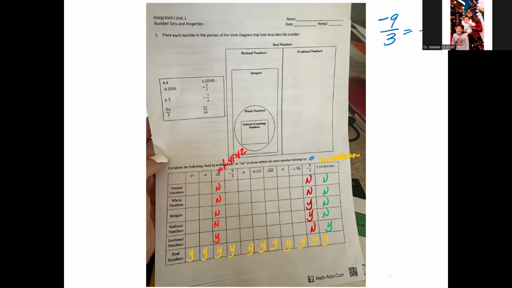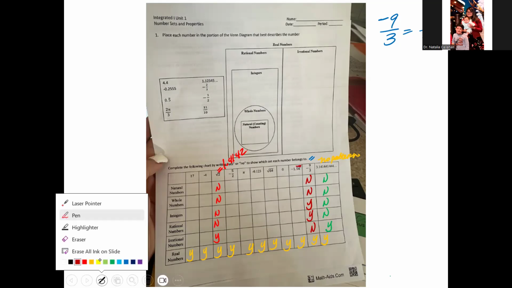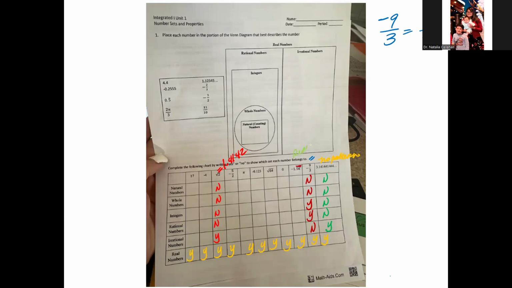Okay, next one. Do you see how there's a little sign up there, the little bar? It means it repeats. So that means it's a decimal, so it's not a natural number, not a whole number, not an integer, but it is a rational number. If it's a rational, it cannot be irrational. They have to be different. Does that make sense?